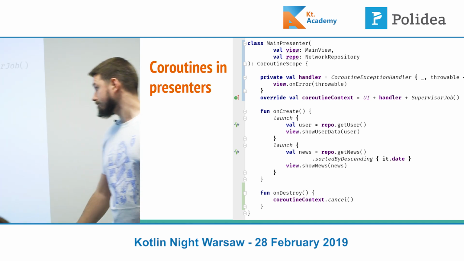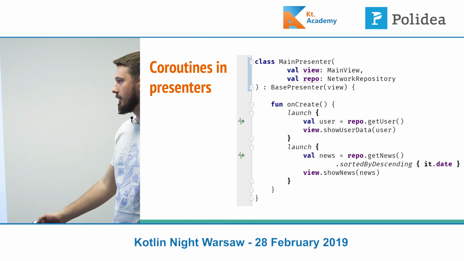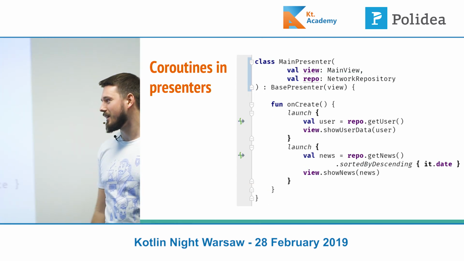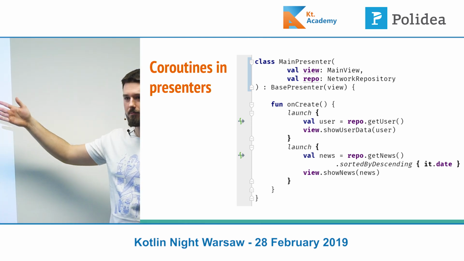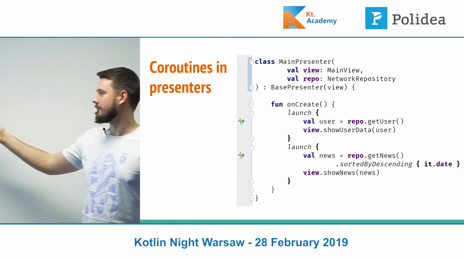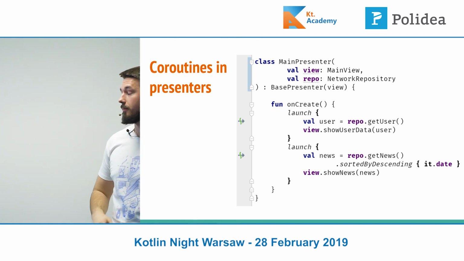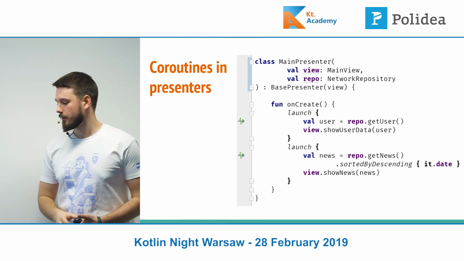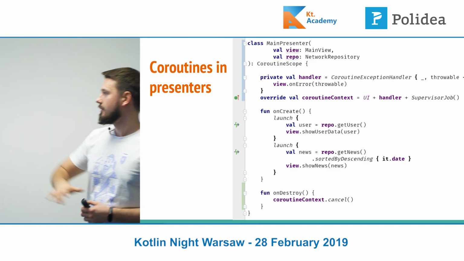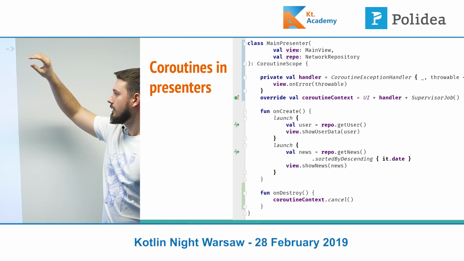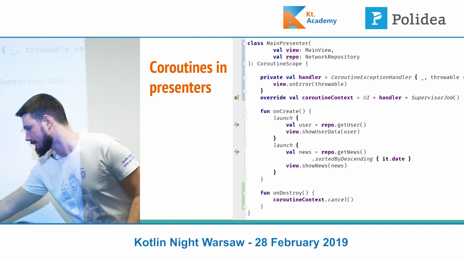So yeah, this is a very simple use. Of course, most of that you can hide under the carpet in some base presenter, and in your main presenter you only do these launches. And at the end, nearly for free, you can have a really nice and pretty effortless concurrent system where you have a default exception handler, everything on the main thread but suspending, and you cancel when you destroy.